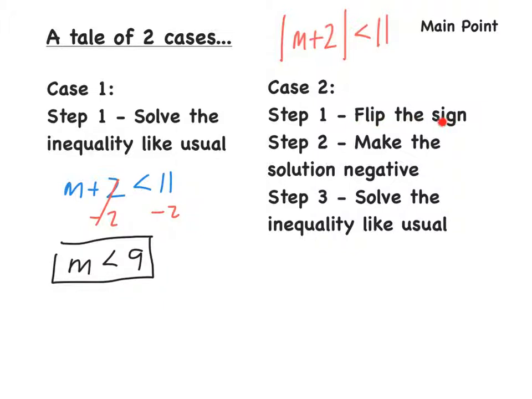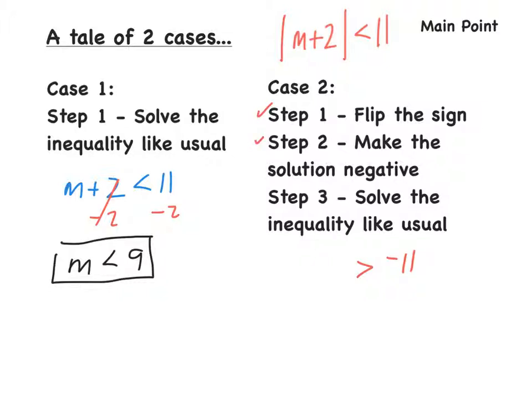The second case, first thing, flip the sign. So instead of a less than sign, it's going to be a greater than sign. So that's step 1. Step 2, make the solution negative. So the solution in this is a positive 11. So I'm going to make that a negative 11.